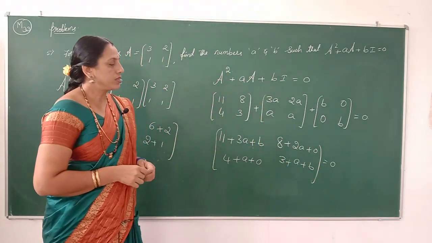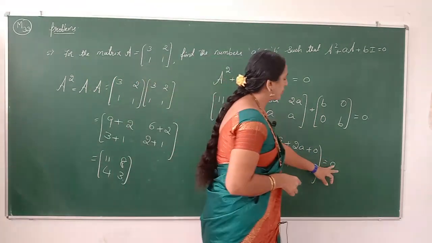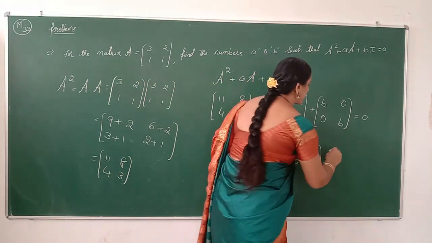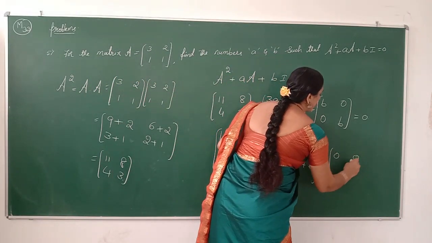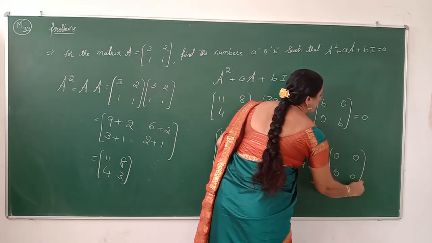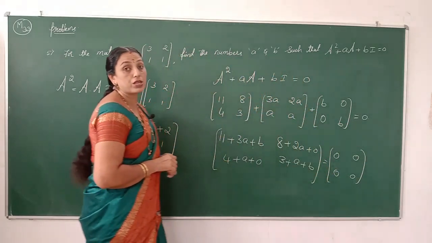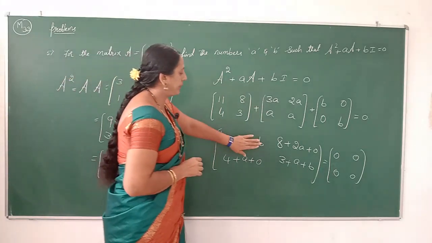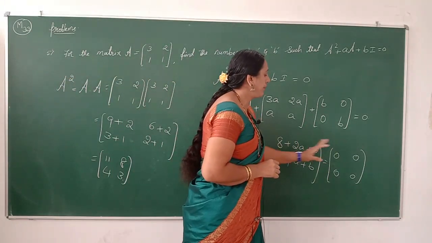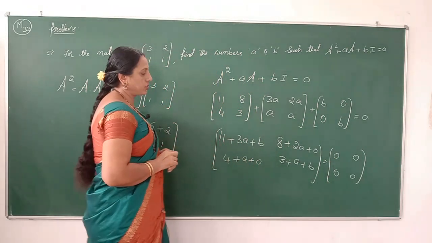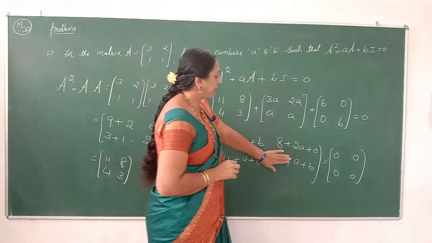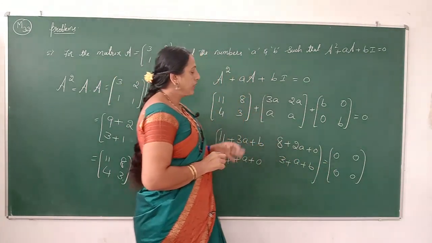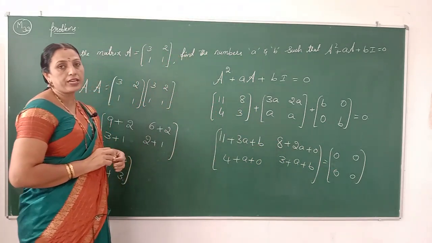On the RHS, it's 0, which can be represented in terms of matrices as a 2 cross 2 zero matrix. So we will compare the corresponding elements of both LHS and RHS. Now these two are equalities of two matrices, therefore equating their corresponding elements.